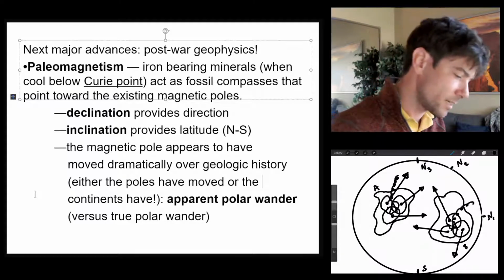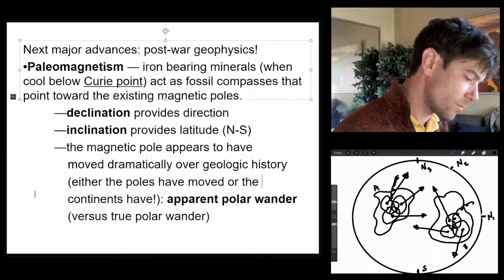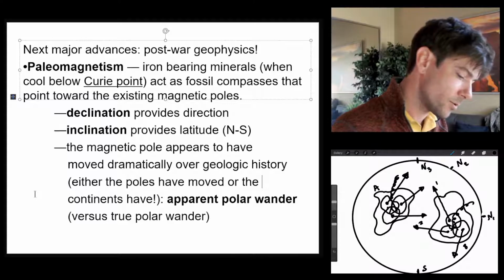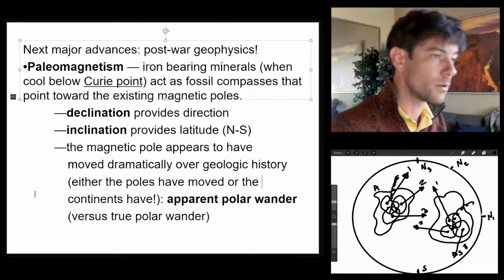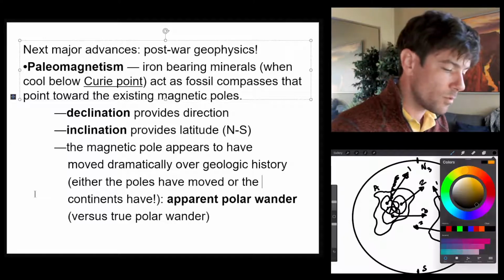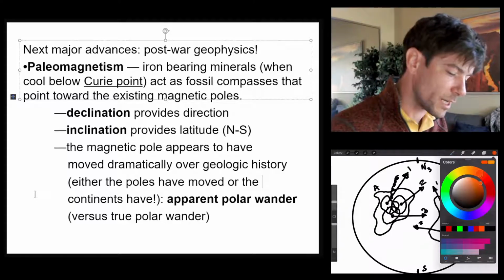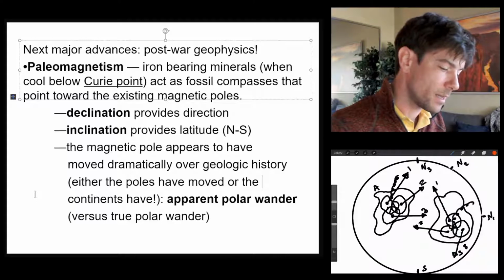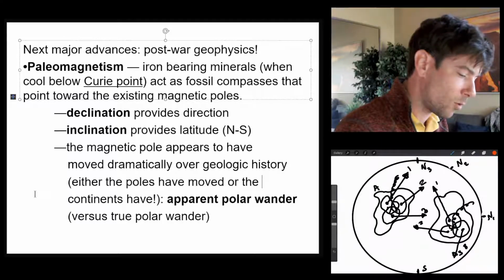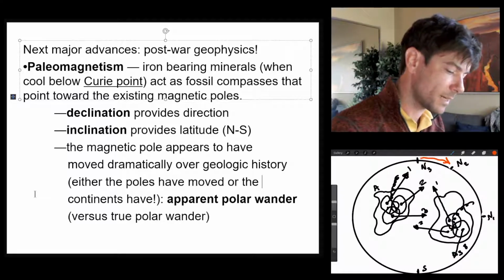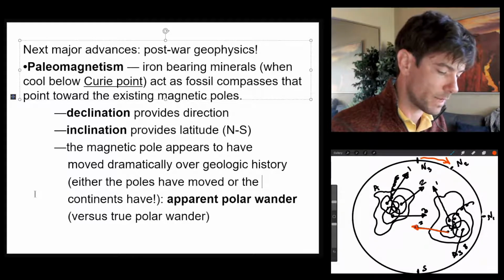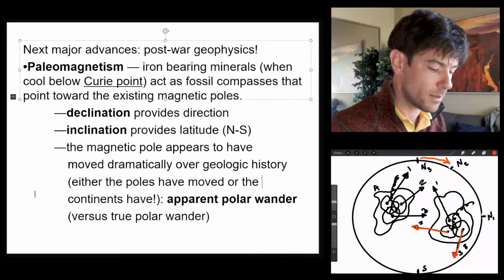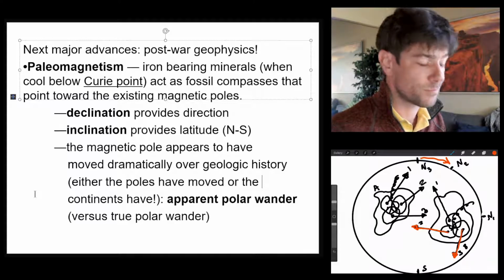Now, if this is 1, 2, 3, and this is 1, 2, 3, right? The only logical explanation here is not that the pole moved, right? Because that's inconsistent with this arrow here, and this one for that matter. That's not a consistent interpretation, right?